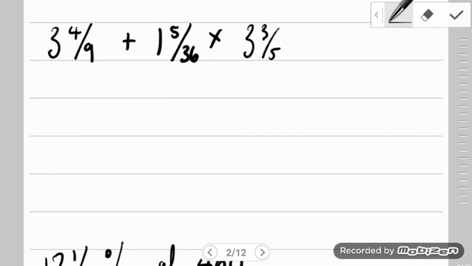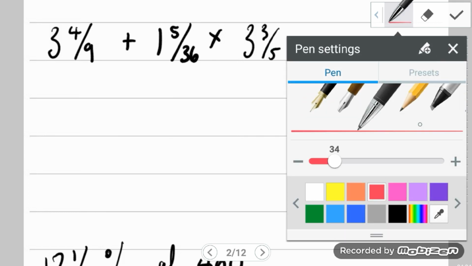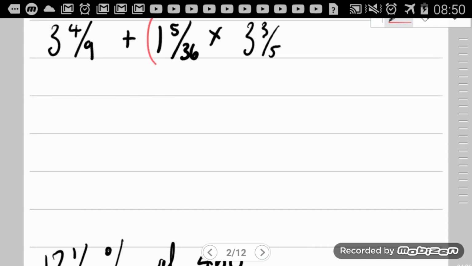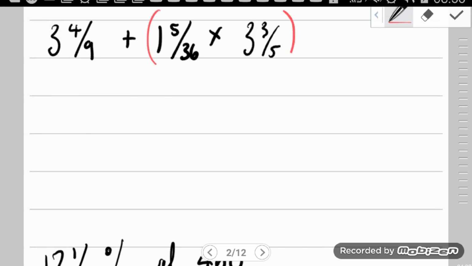So here we are adding and we are multiplying 2 fractions. Both operations require different methods, so that simply means that we have to follow the PEMDAS law by multiplying before we add. So once again, we have to go here and multiply first.